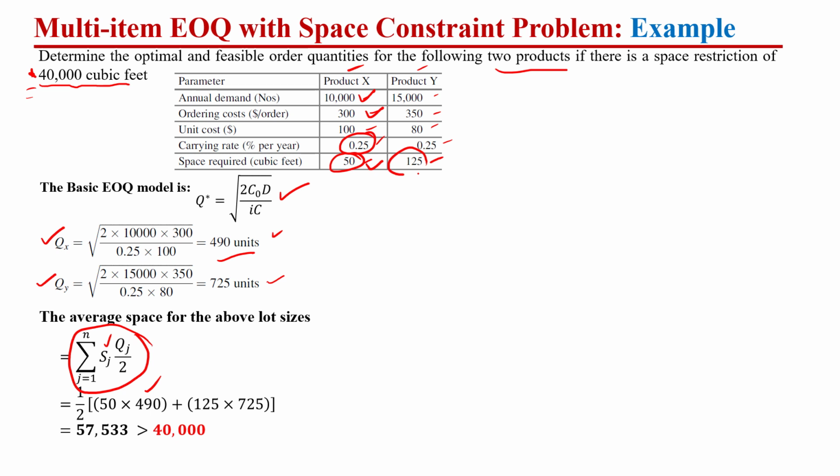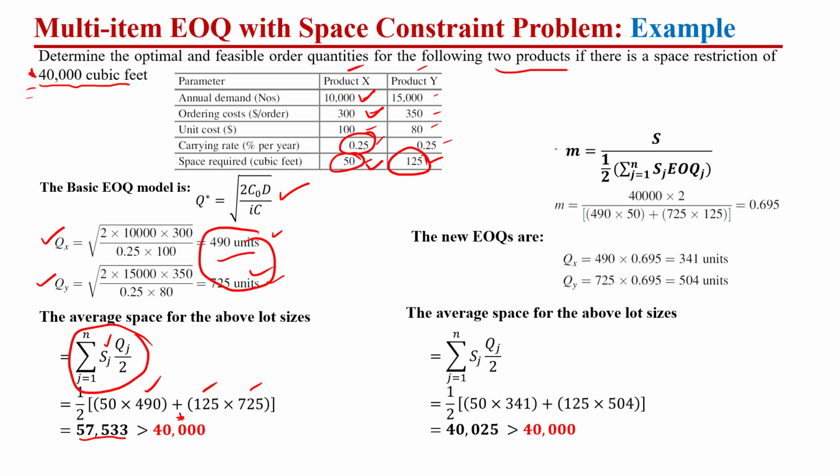Similarly, this is the 125 cubic feet for the product Y multiplied by the economic order quantity. And as you can see, the average space required based on these optimum order quantities is much more compared to the available space. So now we have to consider that restriction.